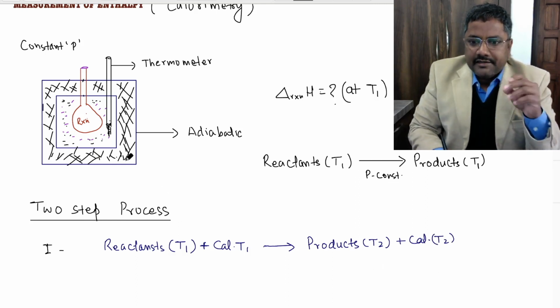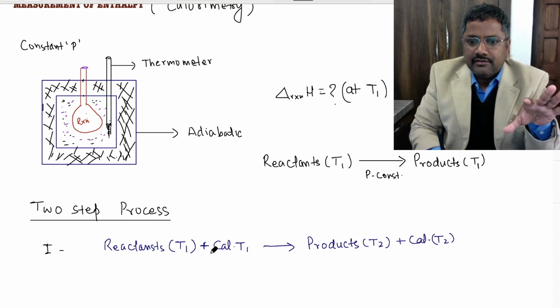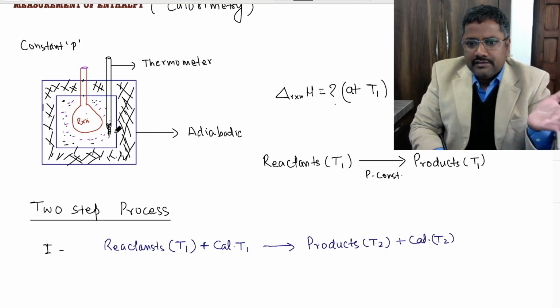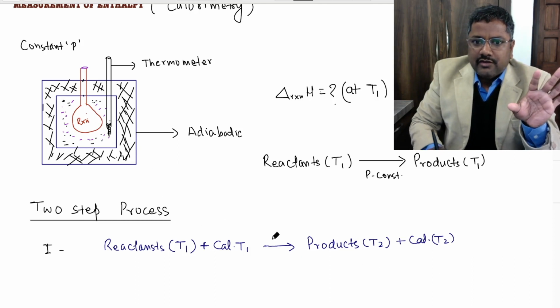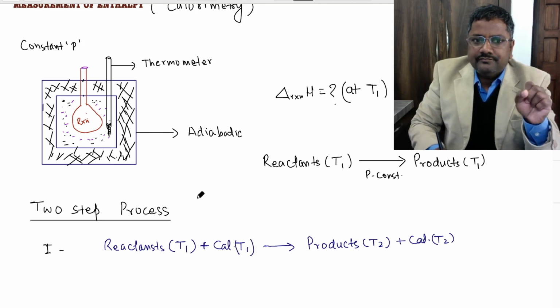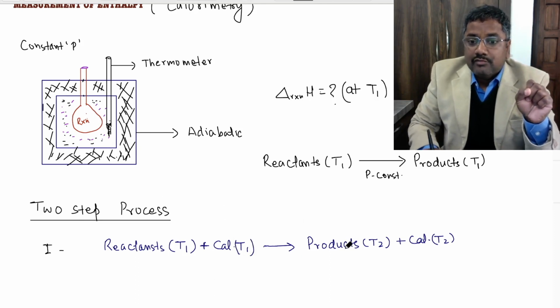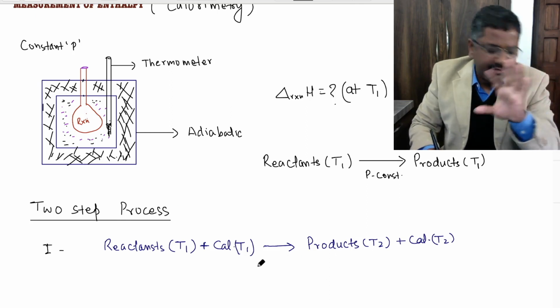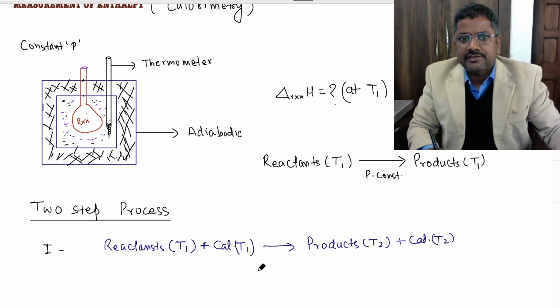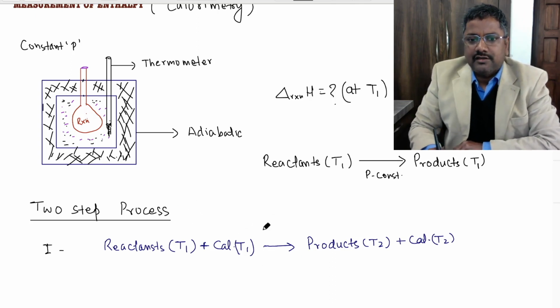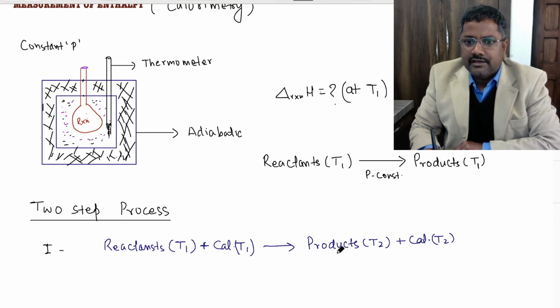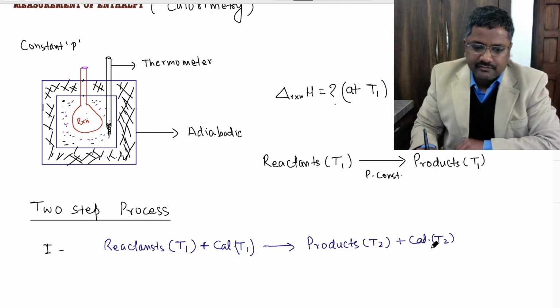We have taken reactants at temperature T1. The calorimeter also, obviously, because we are considering this as a single system, is at T1 temperature. We have heated this system as per the requirement for the occurrence of the reaction and converted it into the products, and let it be at T2 temperature, right?